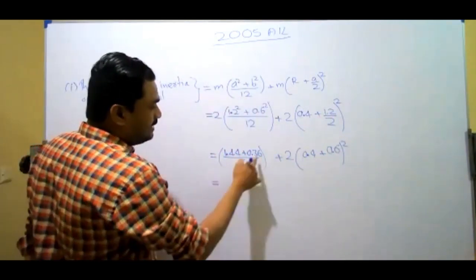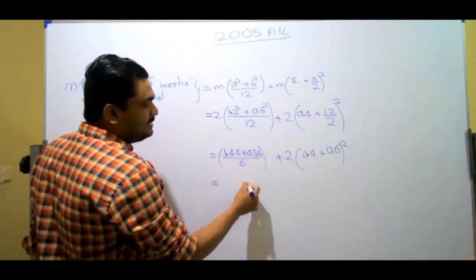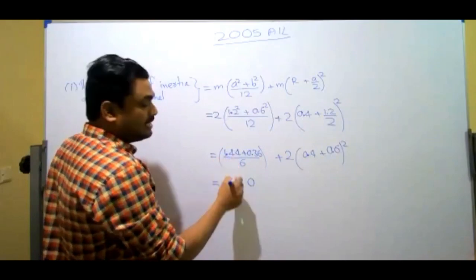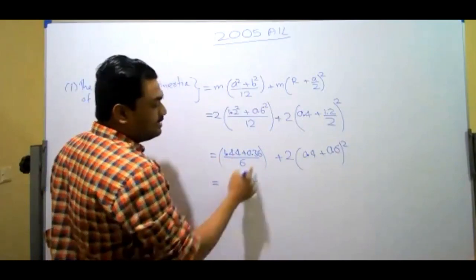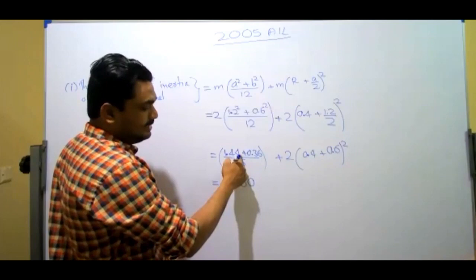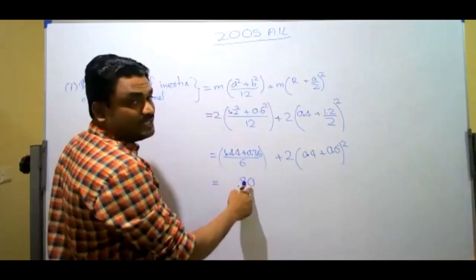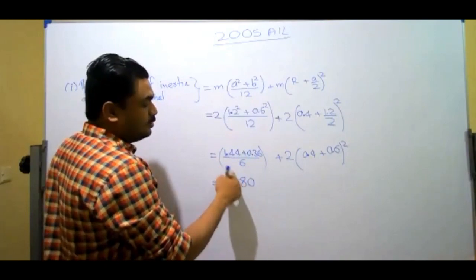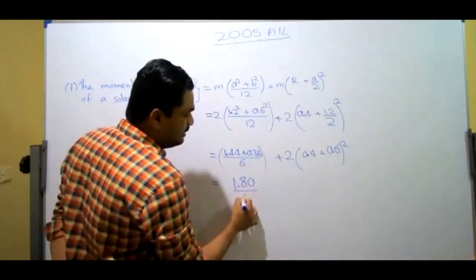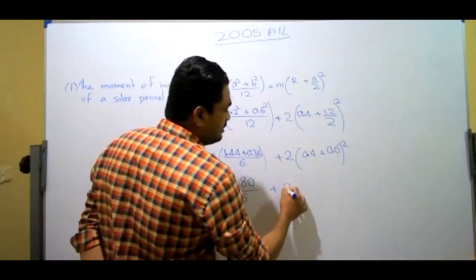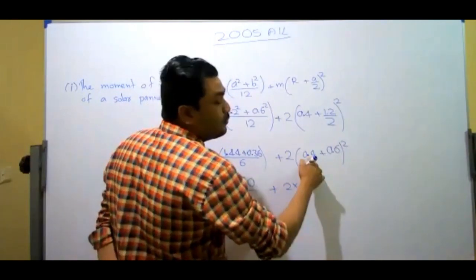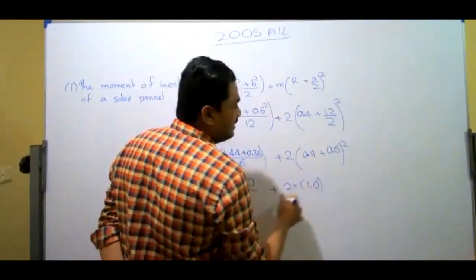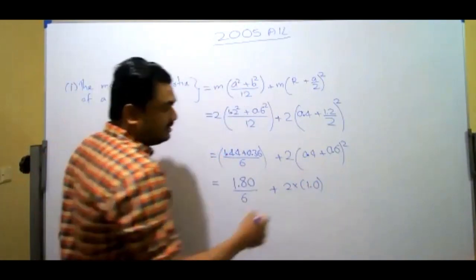So we obtain 4 plus 6 is 10, 1 remaining. 3 plus 4 is 7, plus 1 is 8. Am I right? So this is 1.8 and we should divide this by 6. This is 2 into (0.4 plus 0.6), which means 1.0 if you add them, and this is squared.